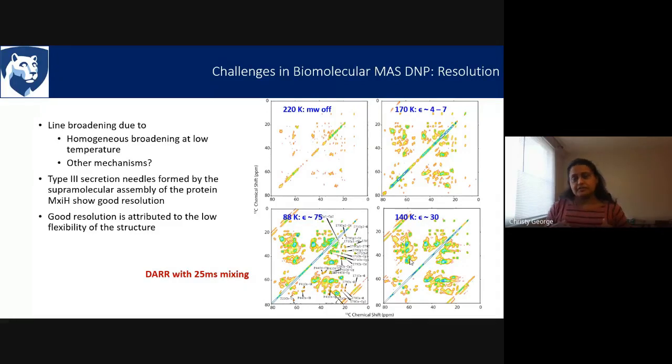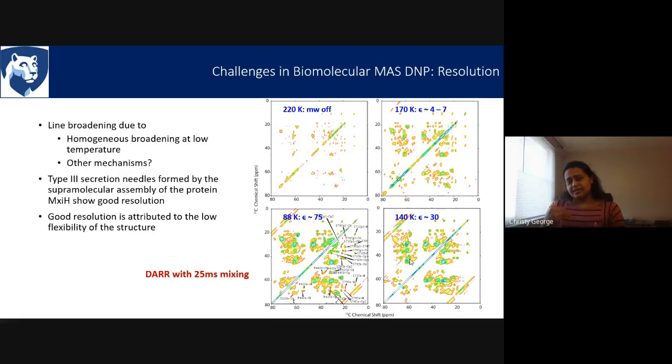And this kind of good, or comparatively good, resolution is attributed to the rigid structure of the molecules. So when we do a standard magic angle spinning DNP, we are using this DNP matrix to cryoprotect the sample. And often all these protein molecules dissolve in that DNP juice.